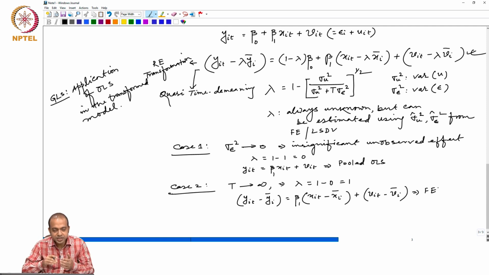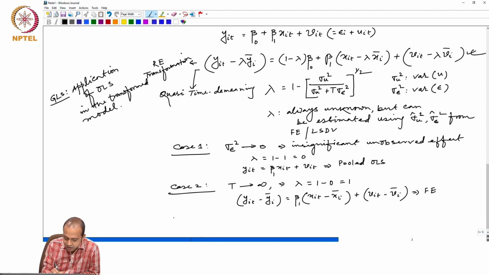That means, with these two cases, we can say that pooled OLS and fixed effect models are special cases of the random effect model, because both models can be derived from the random effect model by assuming a specific value of lambda.